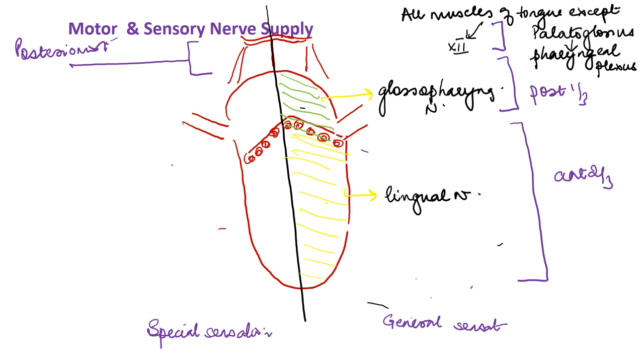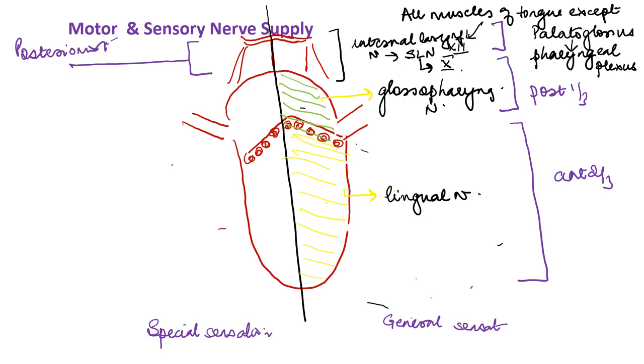And the posterior inferior part, the posterior most part of the tongue, is supplied by the internal laryngeal nerve, which is a branch of the superior laryngeal nerve, which is a branch of the vagus.